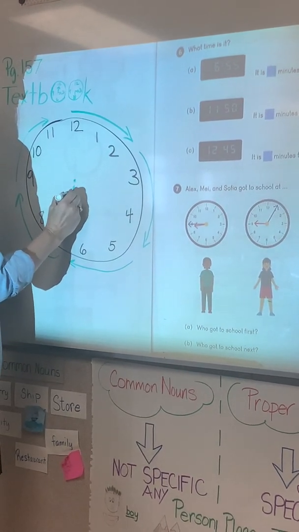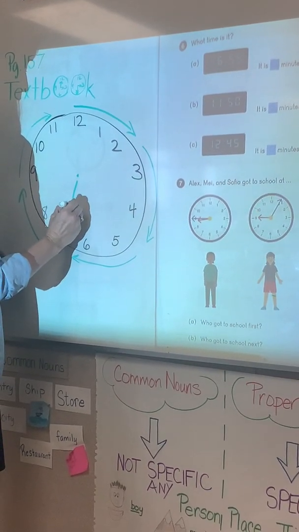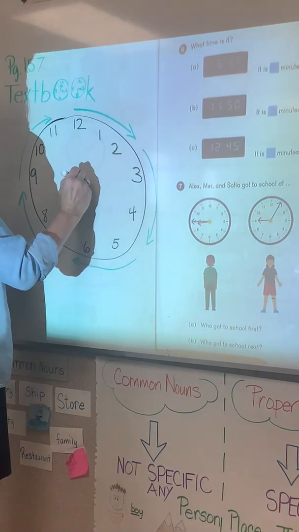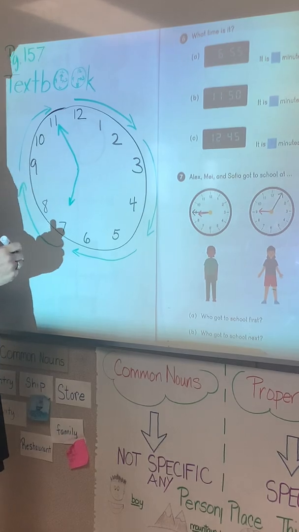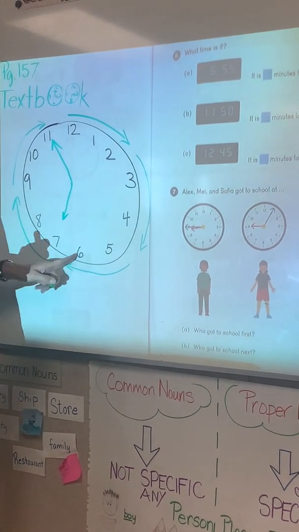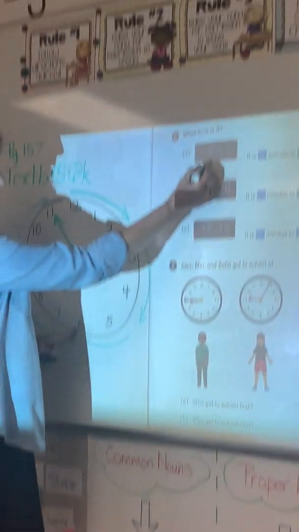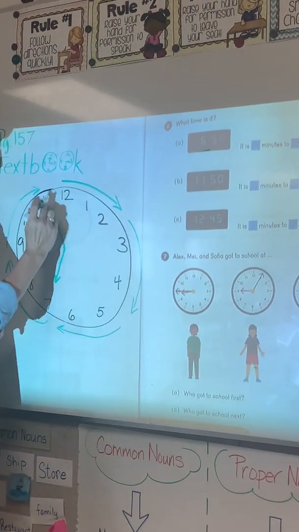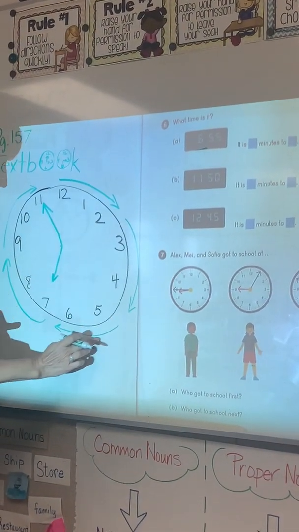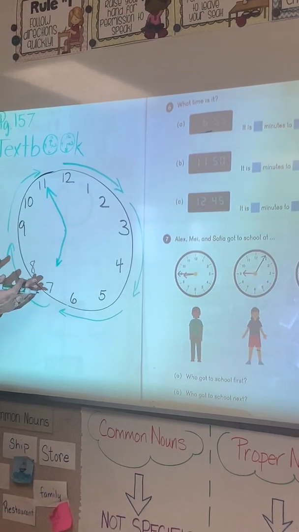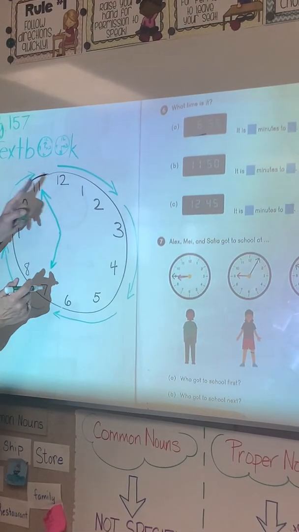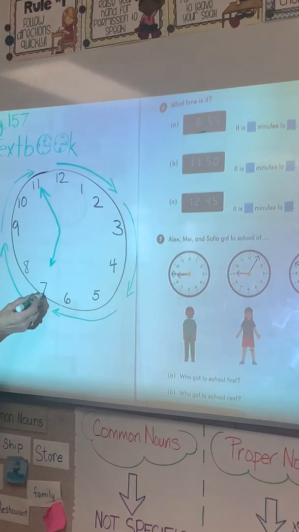It's going to be closer to the 7. Okay? 7 and then 55 is where the minute hand is going to go. 7:55. It started at 6, but we know that when that big minute hand comes around, the small hand kind of moves with it, and it gets pointing towards the next hour, which is 7.